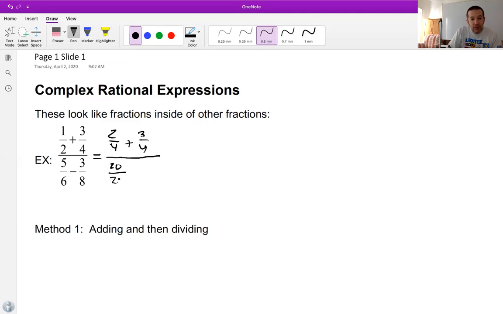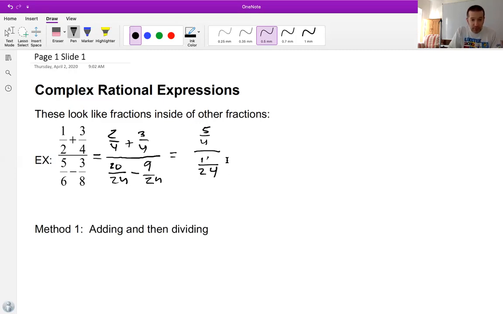That's 20 over 24 minus 3 over 8, which is 9 over 24. So on the top, we get 5 over 4, and on the bottom, we get 11 over 24.